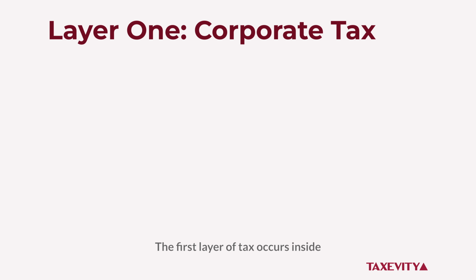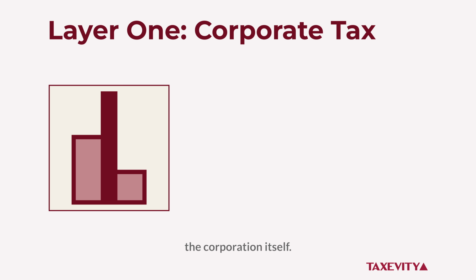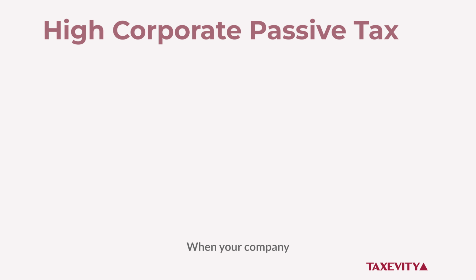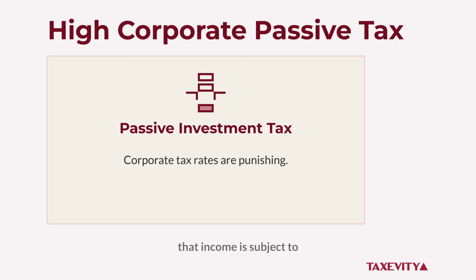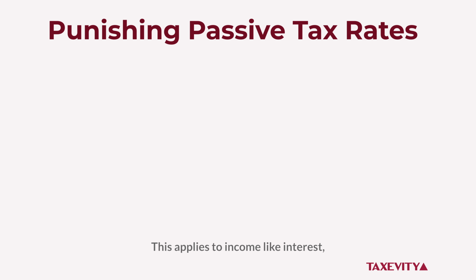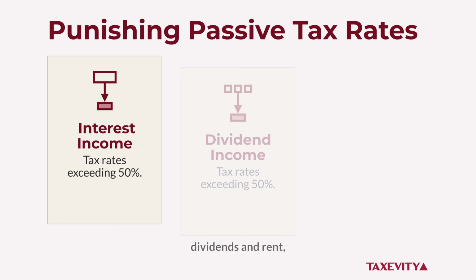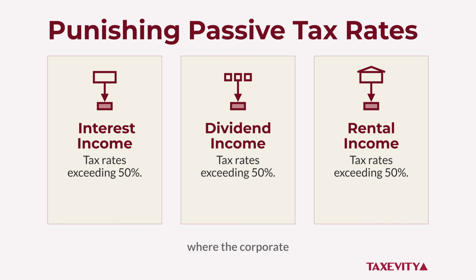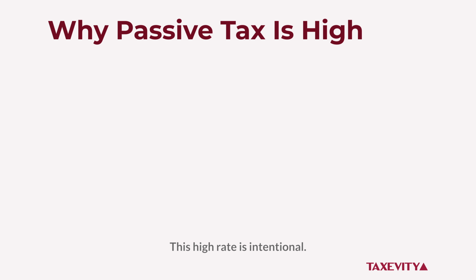The first layer of tax occurs inside the corporation itself. When your company earns passive income, that income is subject to tax at a very high rate. This applies to income like interest, dividends, and rent, where the corporate tax can exceed 50%. This high rate is intentional.